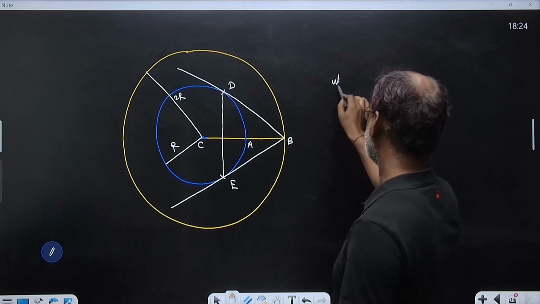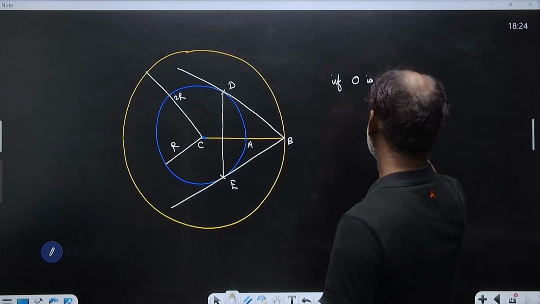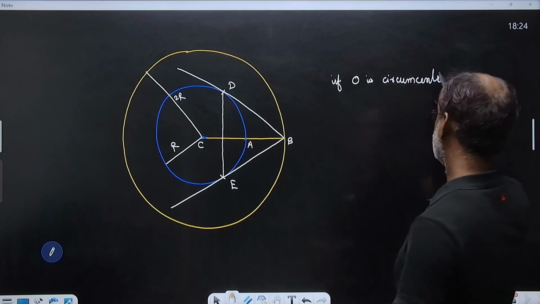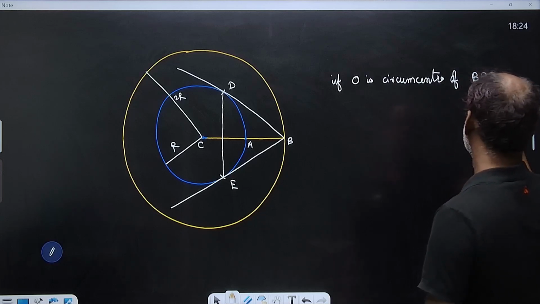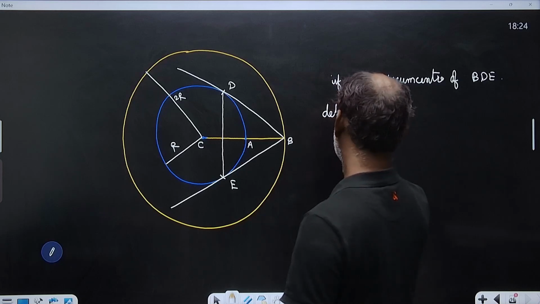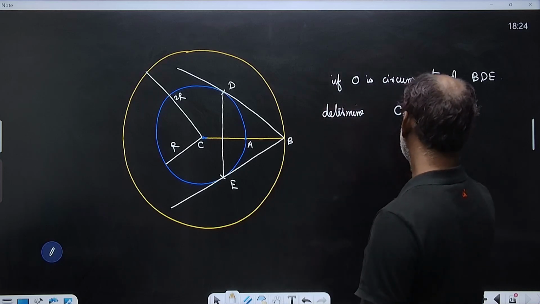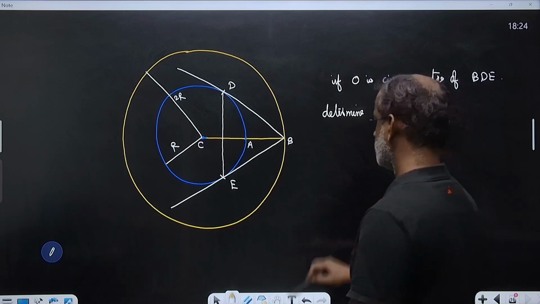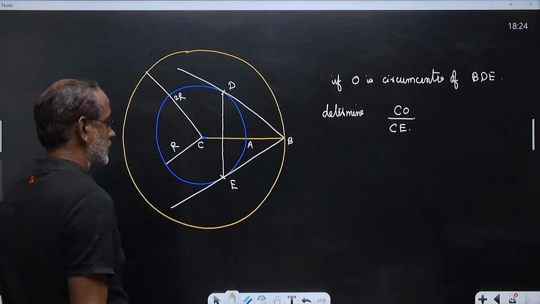So if O is the circumcenter of triangle BDE, determine CO upon CA, let us say, that will be one and the same thing.